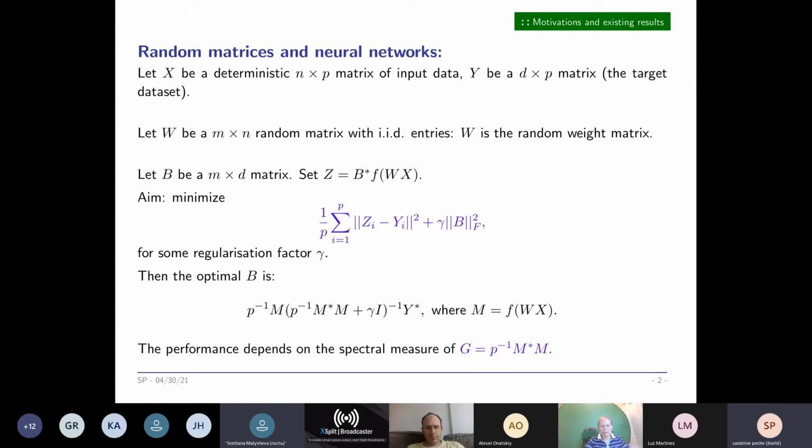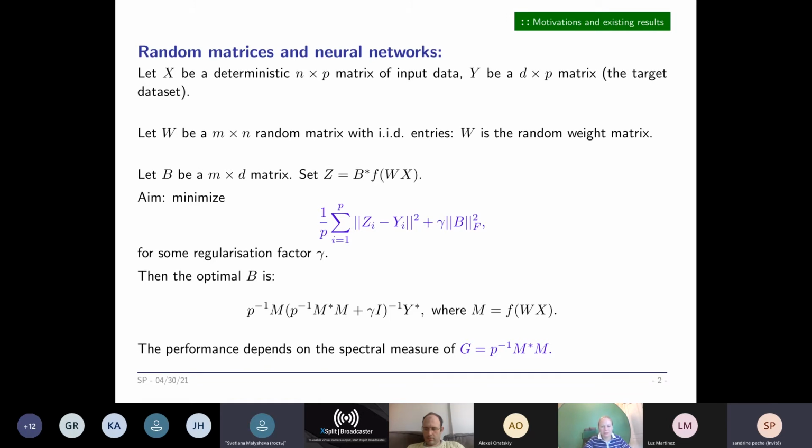So what does it say? It says that the optimal matrix B is related to the resolvent of the matrix M star M, where M is a nonlinear random matrix.